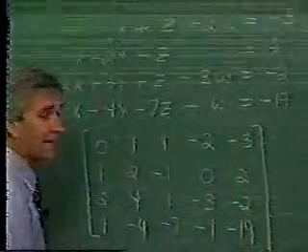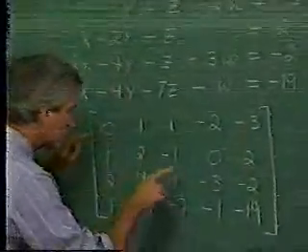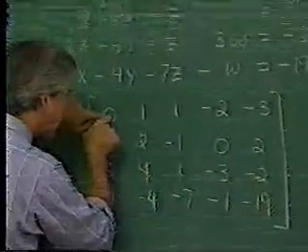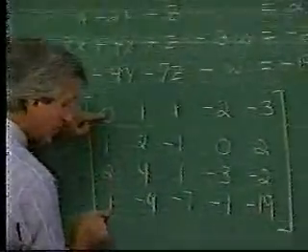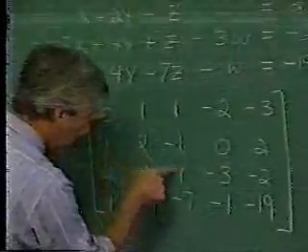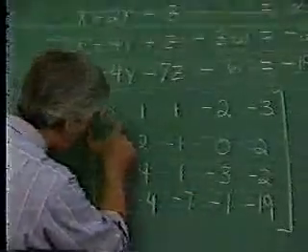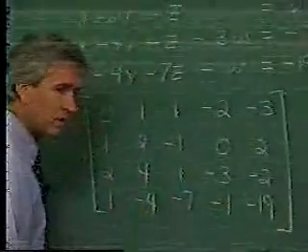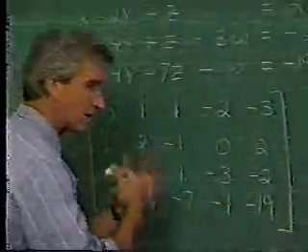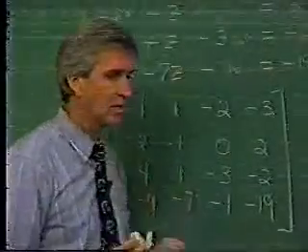What we wish to accomplish here in this matrix format is an arrangement in which a 1 appears in this entry, and zeros below that 1, and then a 1 here, and a 1 here, and a 1 here. That is, 1s along this diagonal, and zeros below those 1s. Well, there is some procedure that we need to be aware of.